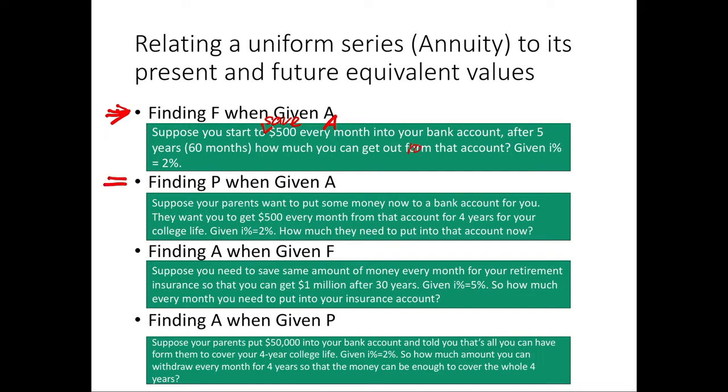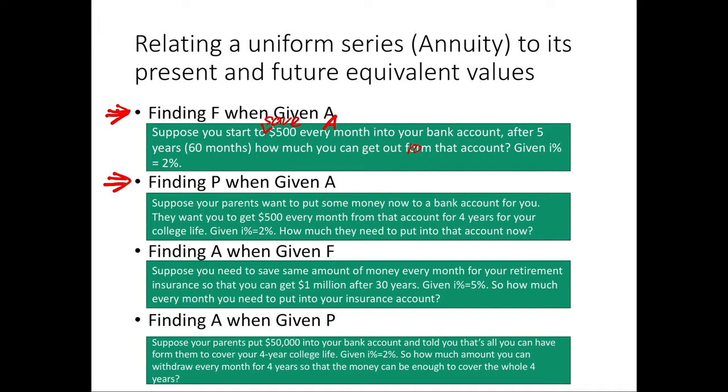Very useful, right? The second scenario is to find P when given A. Okay, so suppose your parents want to put some money now into the bank account for your college life, okay? And what they want is you can get $500 every month from that account for 4 years for your college life.